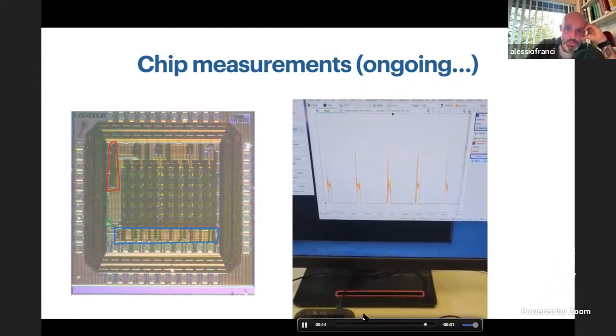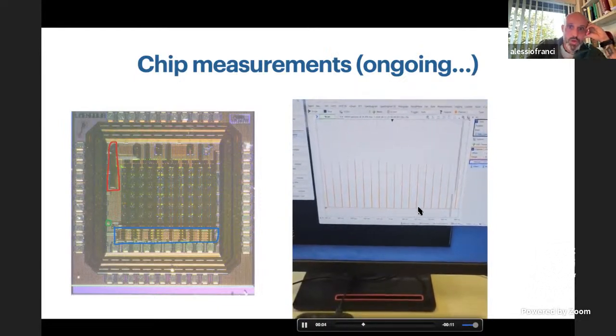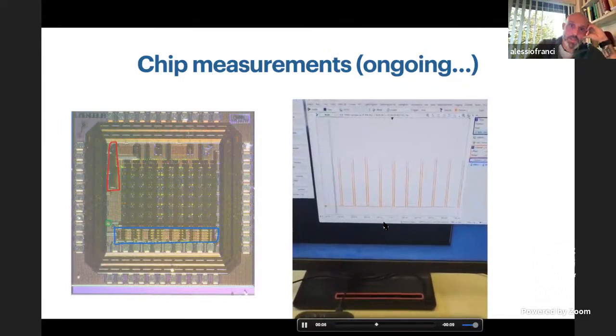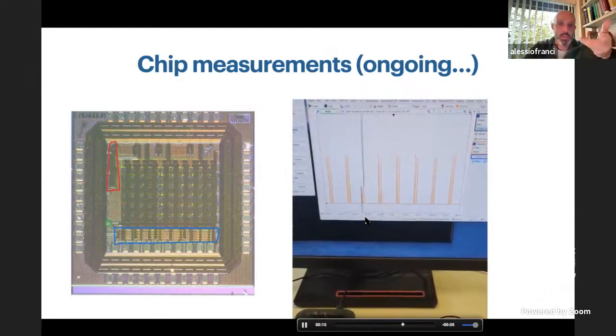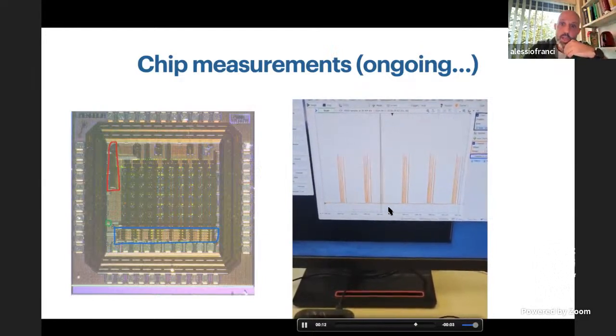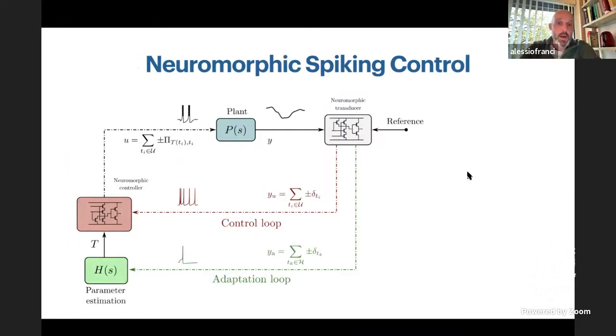As you saw, you have a very nice transition from a tonic spiker to doublets and then fatter and fatter bursts. He is currently characterizing the effect of mismatch of various parameters on the behavior of these neurons. He has much better results at the moment that he will show next week.